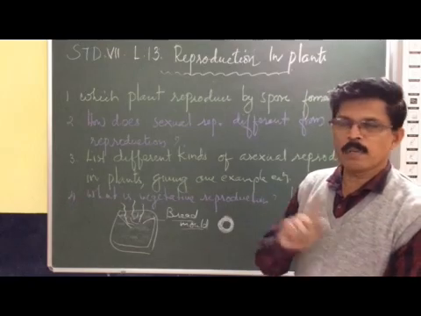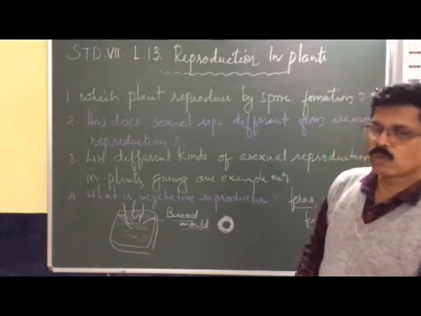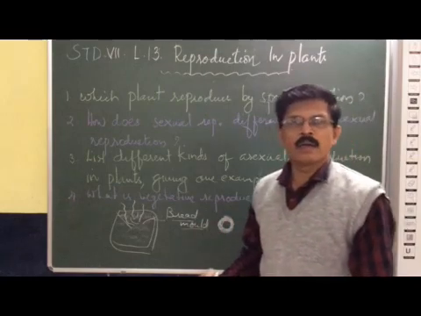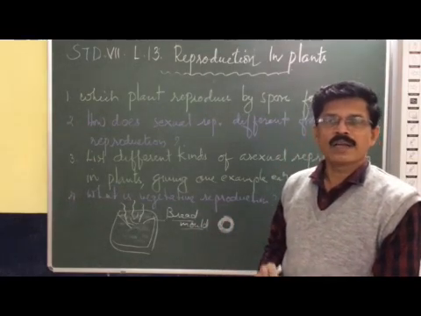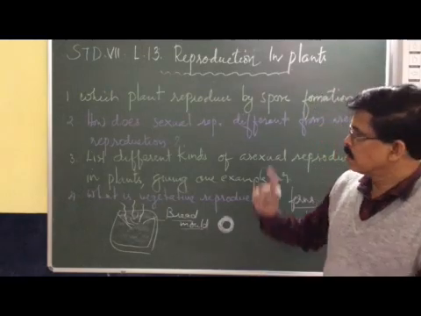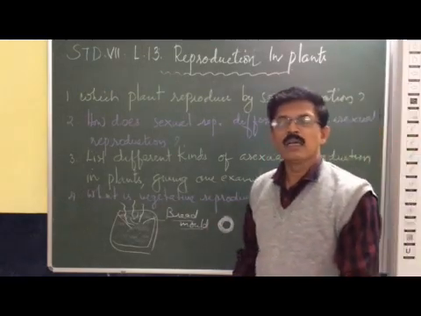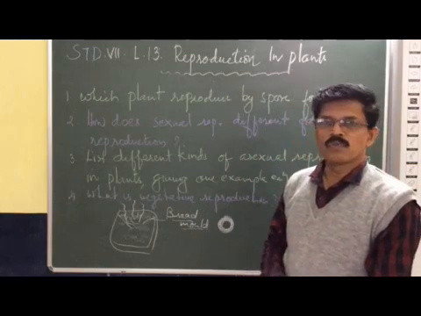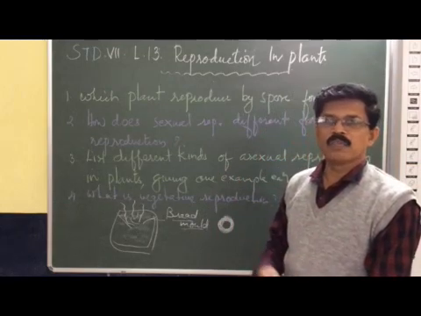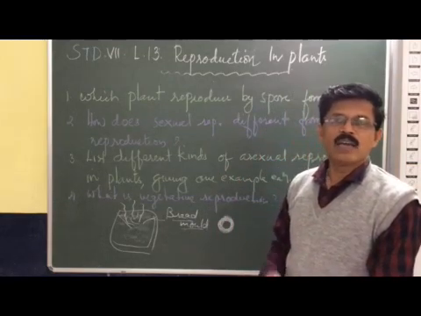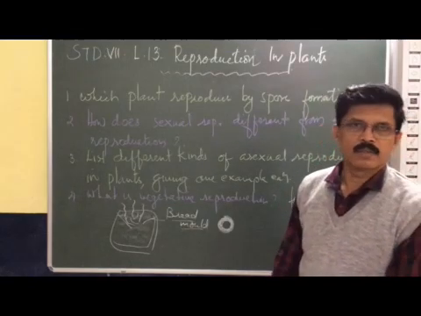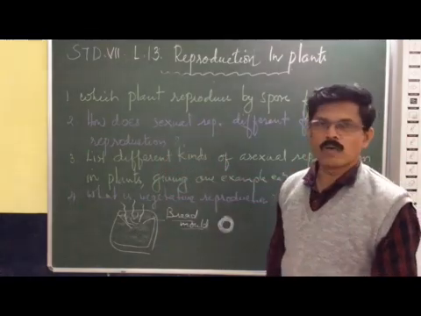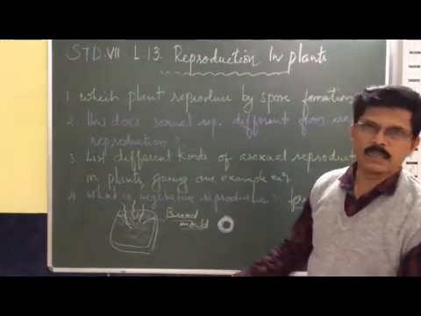So, being only one parent involved in asexual reproduction, the young ones formed are exactly similar to their parent. Whereas in sexual reproduction, we can see a certain amount of variation, certain amount of differences. It means that the young ones formed are not exactly similar to their parents. So, three differences we have already discussed.